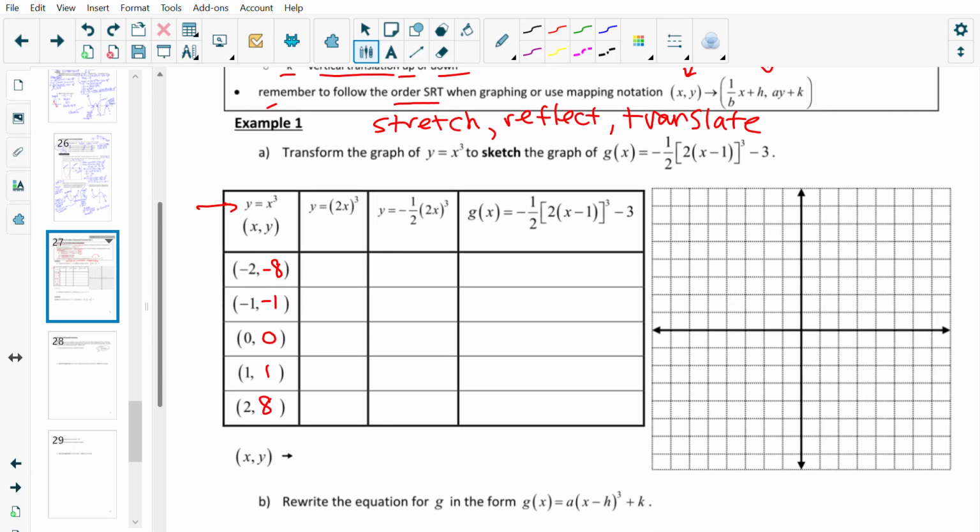Okay, let me put that down in a graph. Okay, and then our function looks something like this. Nice smooth curve.